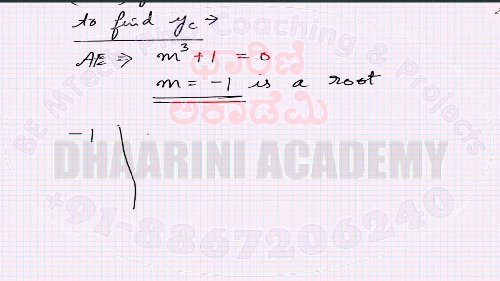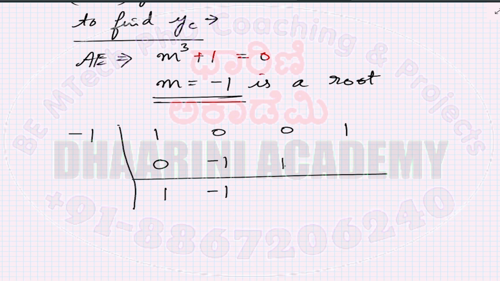So that is, the term is m cube is 1, no m square, no m, but there is a constant. Okay, all right. So what do we do? We always start with this 0 here. So 1 plus 0 is 1. This 1 into minus 1 will write here. Minus 1. So 0 minus, it's addition, sorry. 0 minus 1 is minus 1. So minus 1 into minus 1 is a plus 1. So 0 plus 1 is 1. 1 into 1 minus 1 is minus 1, so 1 minus 1 becomes equal to 0.